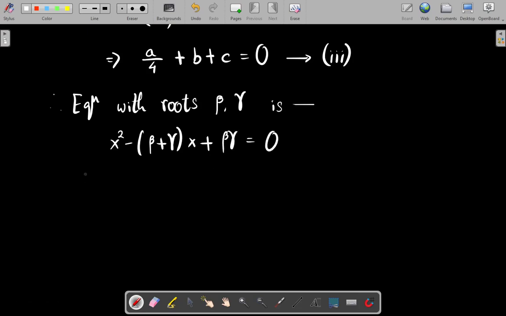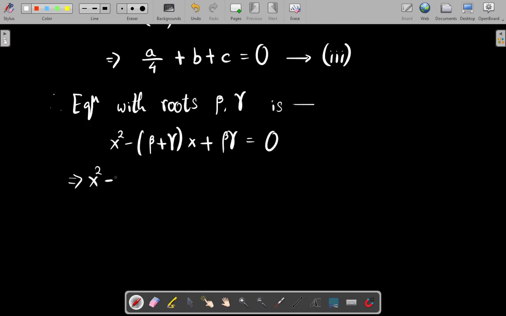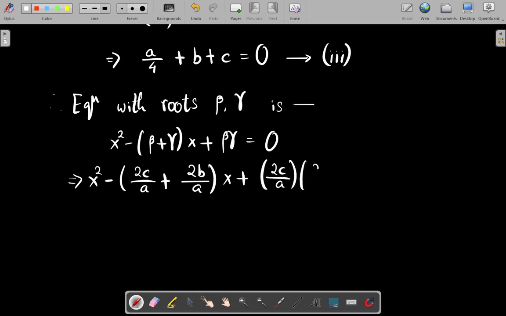with roots, the uncommon roots beta and gamma, is x square minus beta plus gamma times x plus beta gamma is equal to 0. Now what is beta? Beta is 2c upon a and gamma is 2b upon a. So x square minus 2c upon a plus 2b upon a times x plus the product, 2c upon a times 2b upon a, is equal to 0.